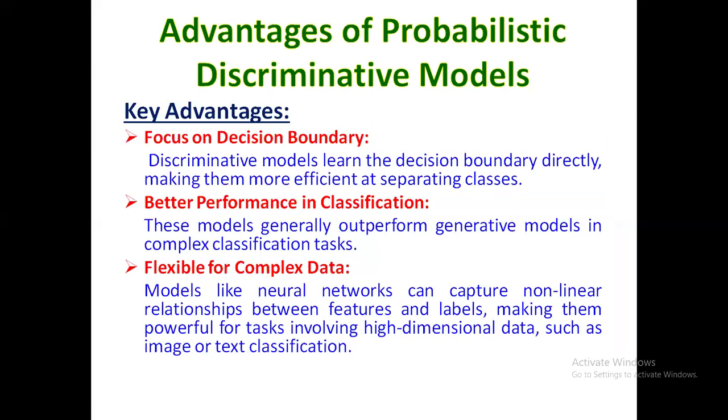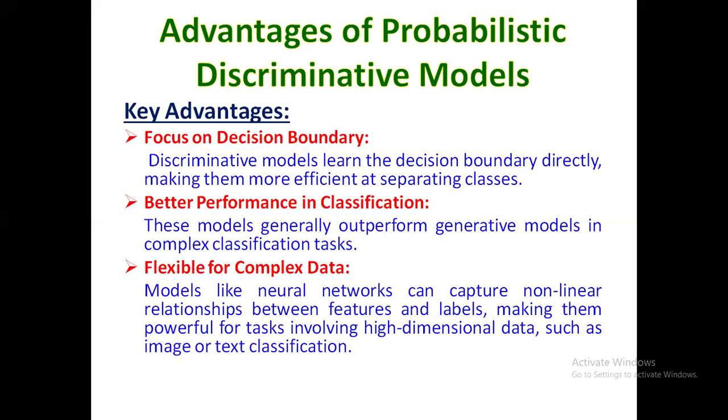Next, coming to the advantages of probabilistic discriminative models. The key advantage of these models is the focus on the decision boundary. Probabilistic discriminative models are highly effective for tasks where the goal is to classify and predict labels based on the input features. These models focus on the decision boundary between the classes, which often leads to better performance in classification tasks, especially when the classes are not well separated by simple distributions.